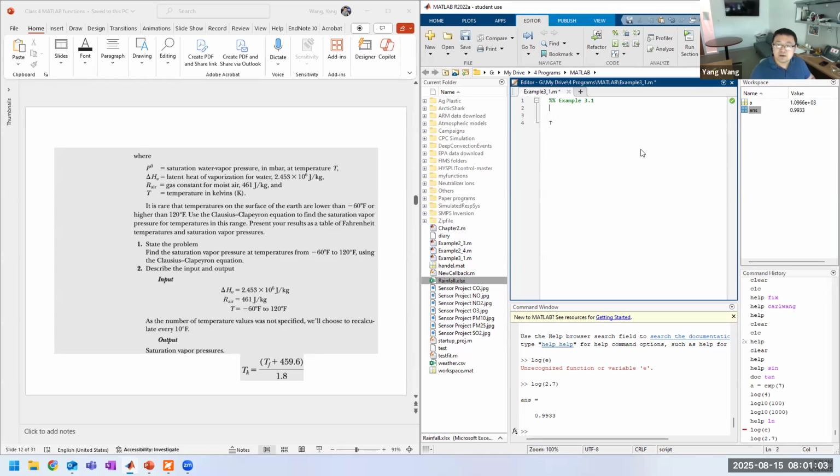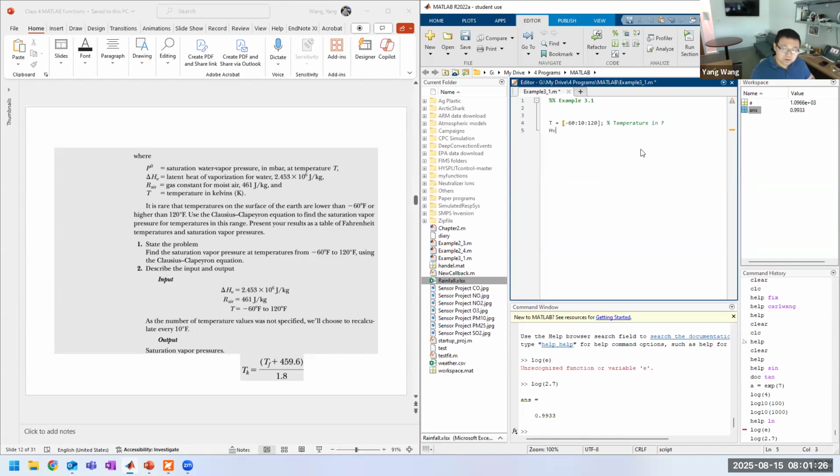Let's leave a few empty lines. Temperature equals -60, and let's just use 10 as a gap up to 120. You can also use 5 and so on. This is the temperature in Fahrenheit, so let's just call it TF.